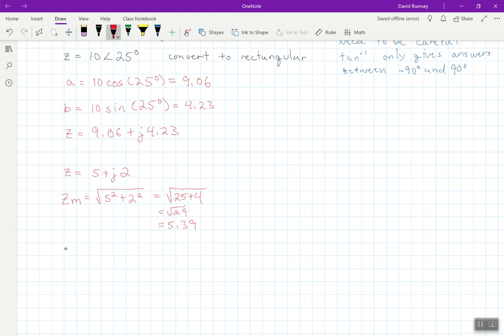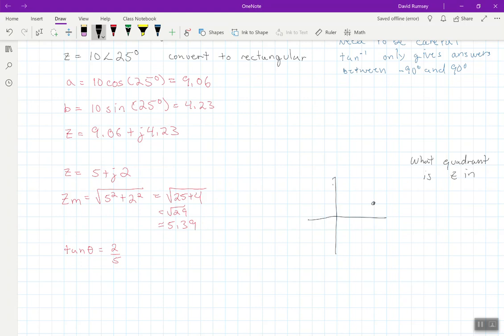Now I'm going to say tangent theta is equal to b over a, so this is 2 over 5. Even though we've already plotted it once, I'm going to plot this roughly again. I'm not going to be precise. I'm going to ask what quadrant z is in.